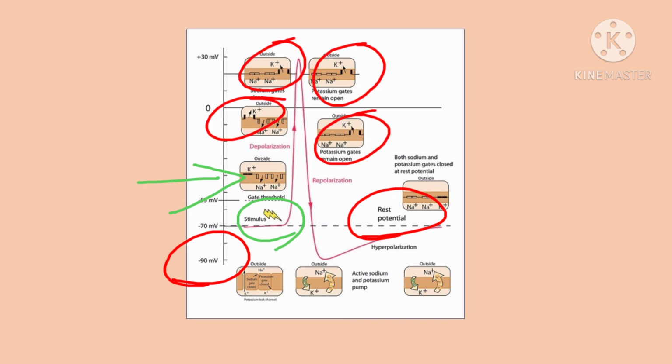Then after the action potential has made its success, it will change into a repolarized condition, where you can see again the sodium channel is closed and the potassium channel is open. After that, when it reaches the resting membrane potential again, both the channels close. This is the overall sum up of the action potential.